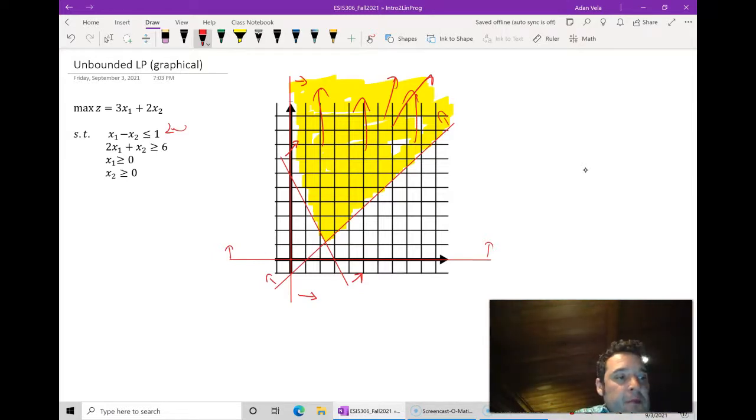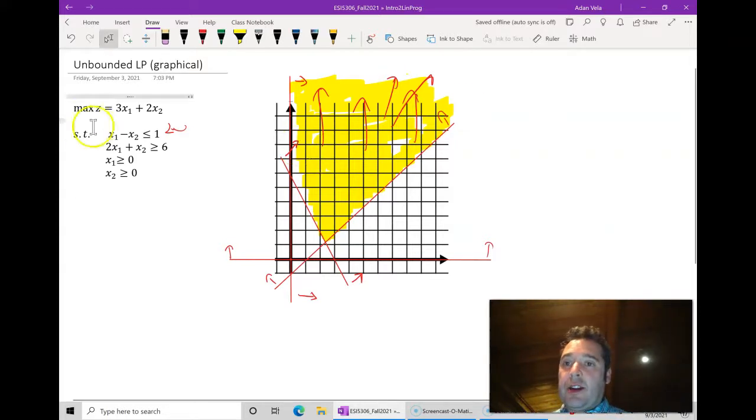So this becomes an issue when we start looking at the isoline for our objective function.